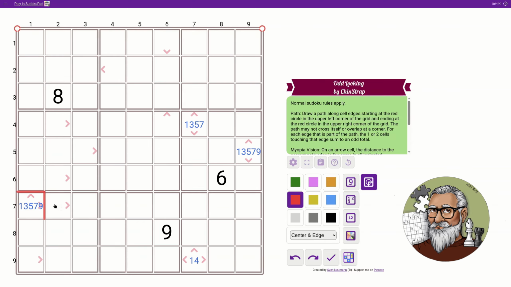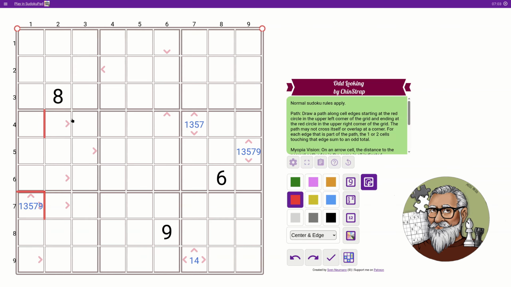Oh, on any cell where there's an arrow, on any edge without an arrow, I can't have a path passing there, right? What do I put here then to make this? It would have to be 0.